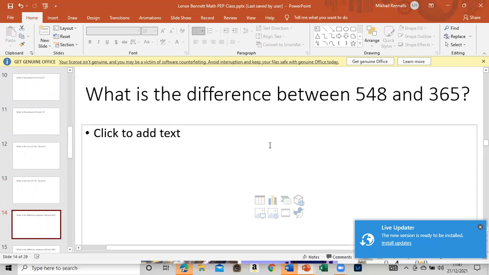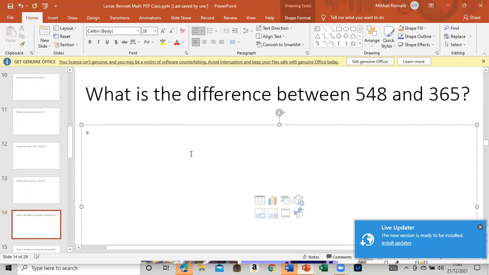What did the others get? What did you guys get? What's the difference? 183, sir. 183, right? So it's 548, and basically we're subtracting, because that's what difference means, 365, right?